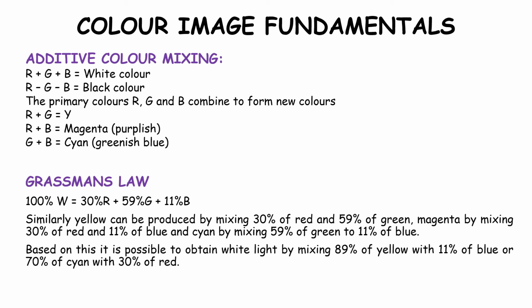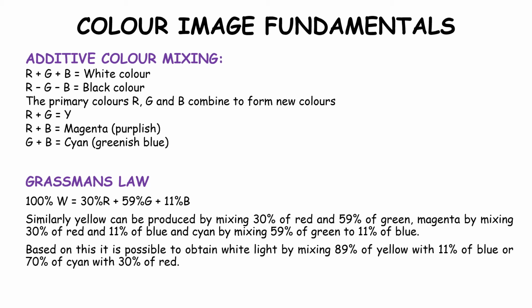So 100% of white is equal to 30% of R plus 59% of G plus 11% of B. Similarly, yellow can be produced by mixing 30 of red and 59 of green, magenta by mixing 30% of red and 11 of blue, cyan by mixing 59 of green and 11 of blue.